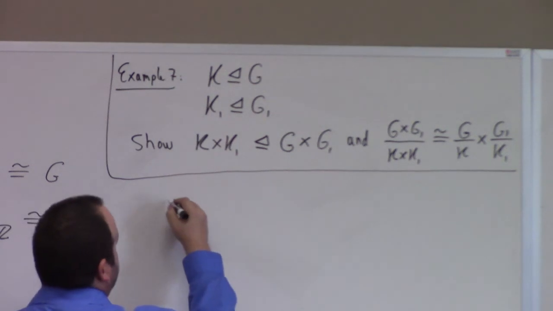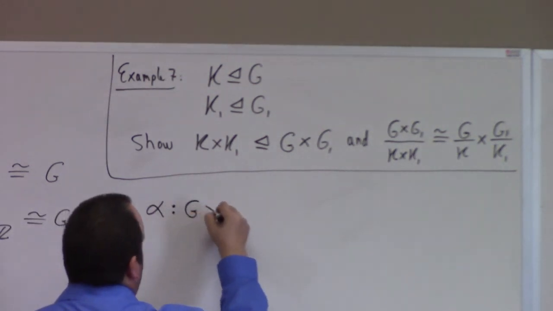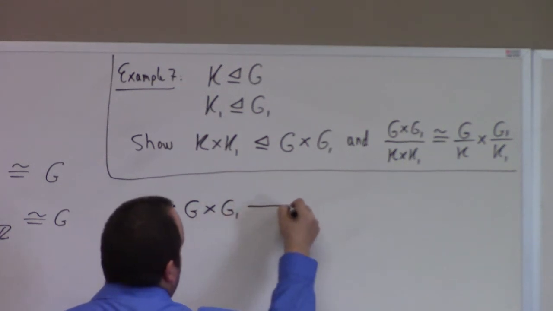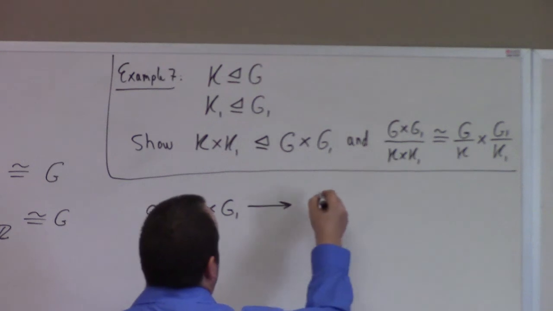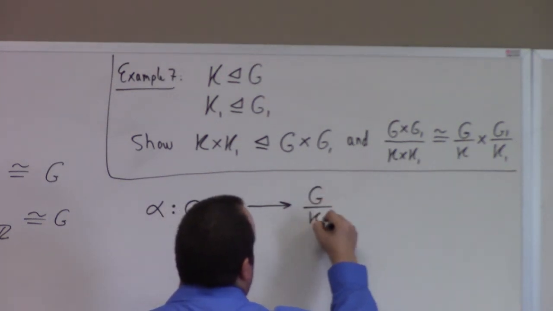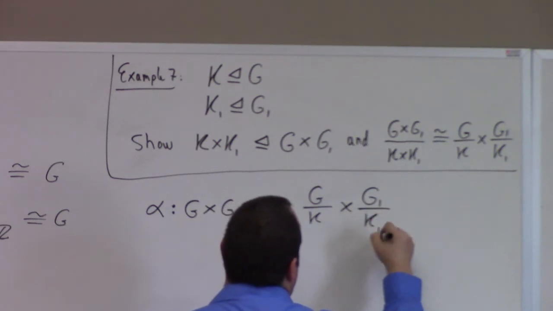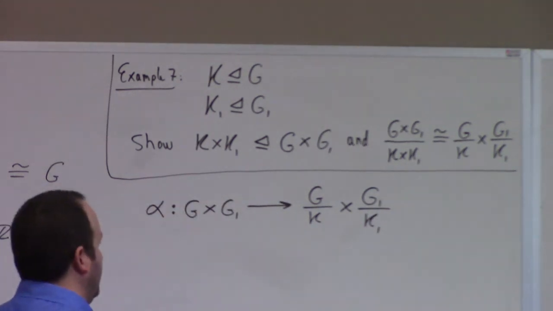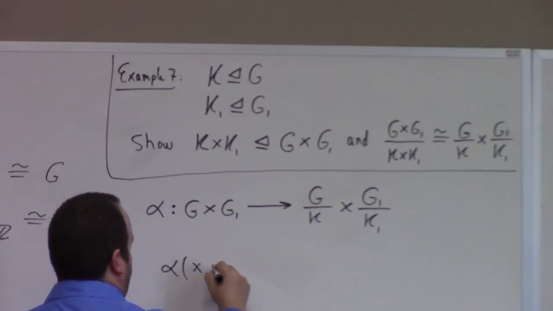I want alpha to go from G cross G1 to, let's say, G mod K cross G1 mod K1. What should my map be? Alpha of, let's say, x comma y.